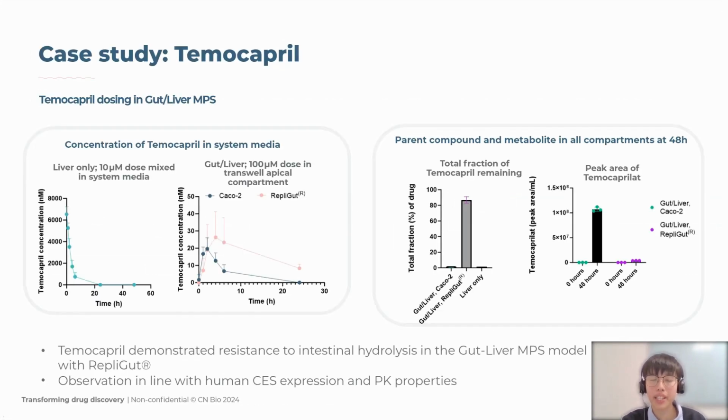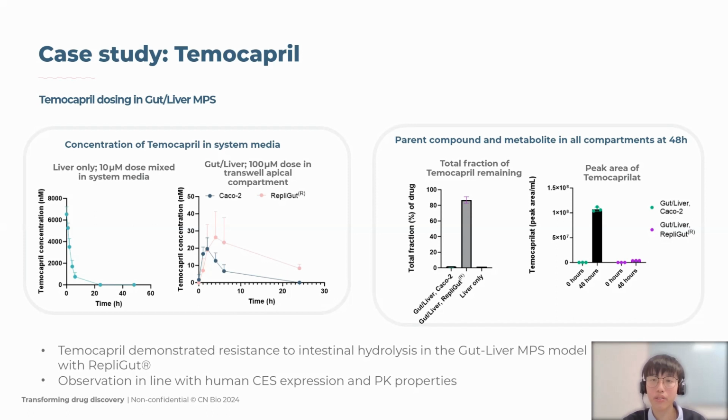The media samples were taken and analyzed by LCMS to measure changes in the temocapril concentration over time. First of all, temocapril could be metabolized by the liver only in both the gut liver models. However, when comparing with the Caco-2 model, there was a higher concentration of temocapril in the circulating media in the primary gut model over the course of 48 hours.